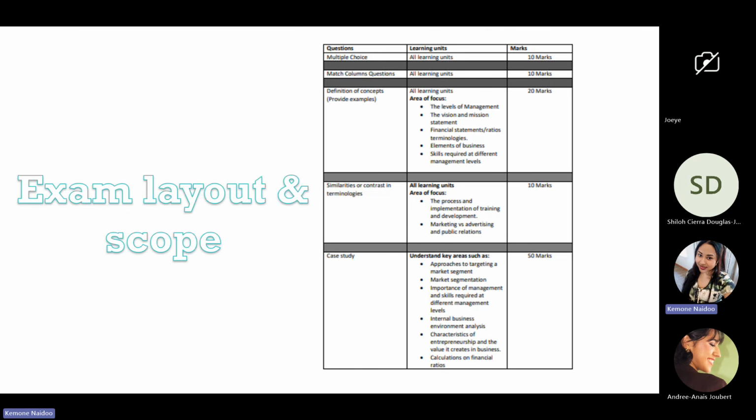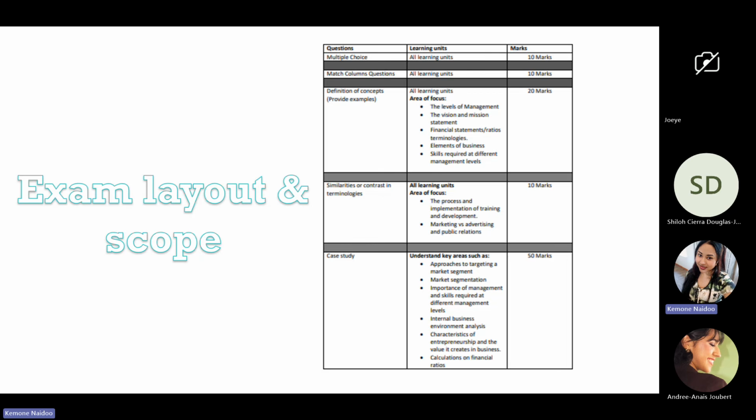Firstly, before we begin with theory, I want to draw your attention to an exam scope that you will be receiving, or that you would have received from your lecturers. This is a basic scope of areas that you should focus on.